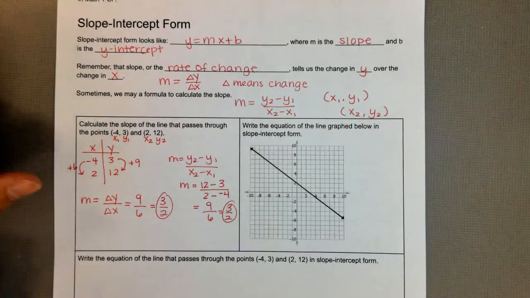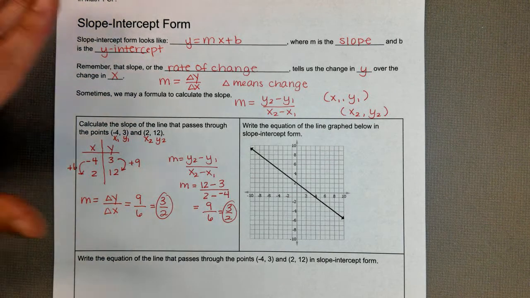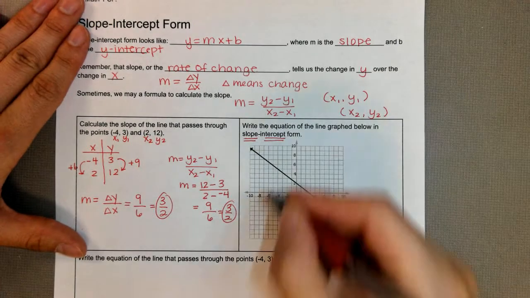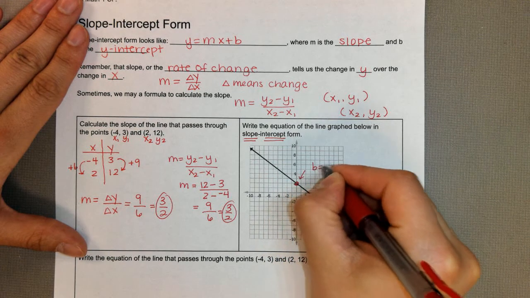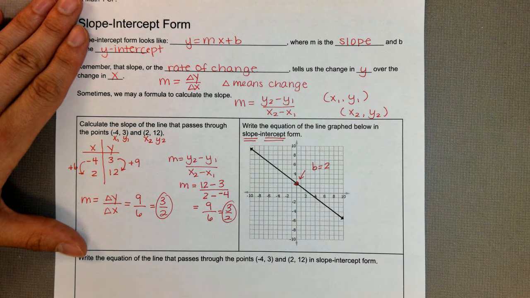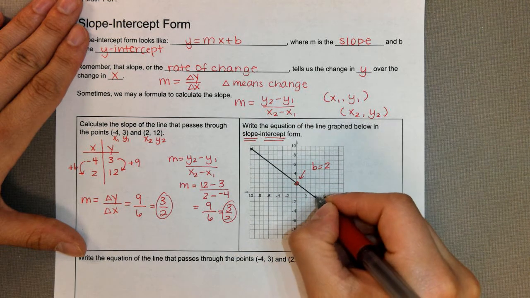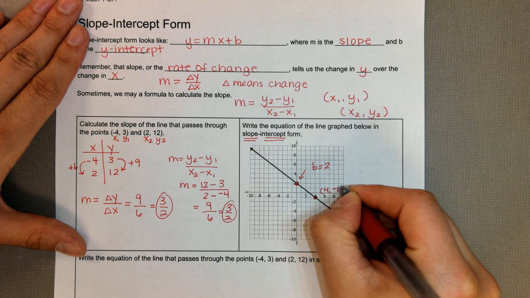The second example says, write the equation of the line graphed below in slope-intercept form. So I need to find both my slope and my y-intercept. I can see that my y-intercept is 2, so b equals 2. And I'm going to choose another point that's going to help me write the equation here. So I see I'm going to choose this one. This point is (4, -1).